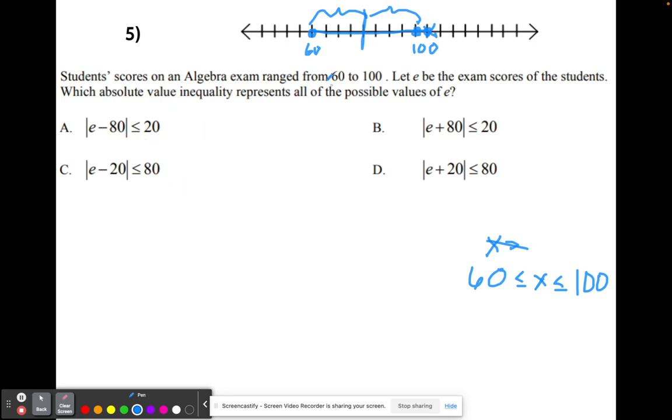So let's take a look to see which of these absolute values work. If I were to solve each of these, which one would give me something like this? Well, we get less thans. So we're going to do one equation. I can have -20 is less than or equal to e minus 80. I used x, e is what they use. Is less than or equal to +20.